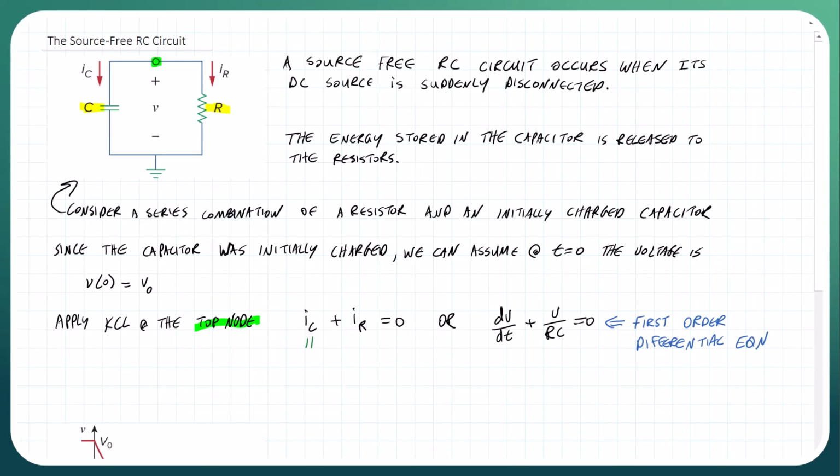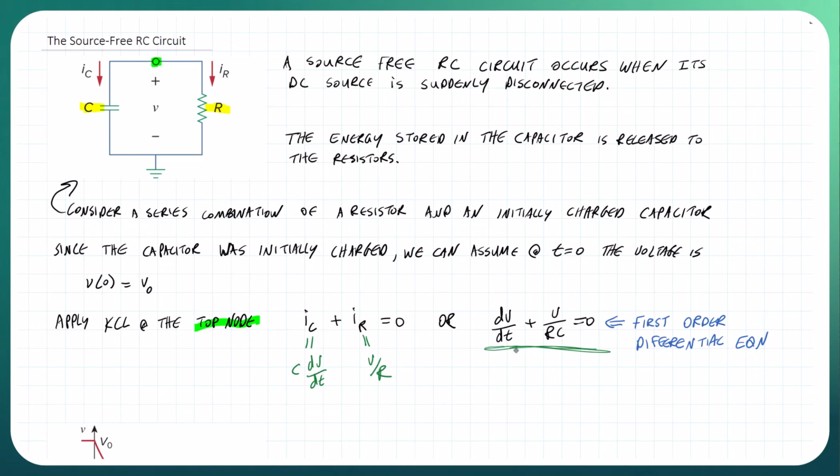IC is going to equal C dV/dt, and IR equals V over R. That's how we come up with this, by just plugging them in and rearranging.